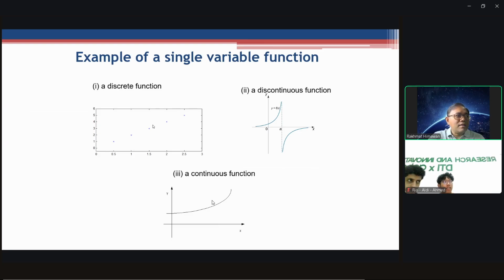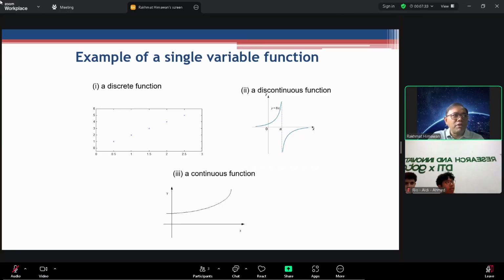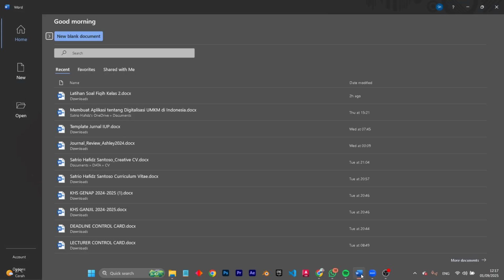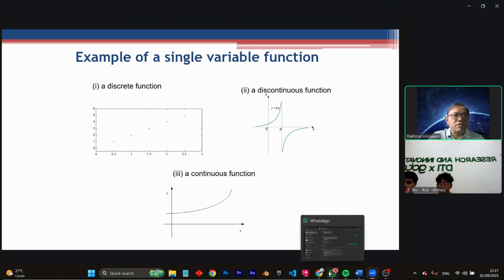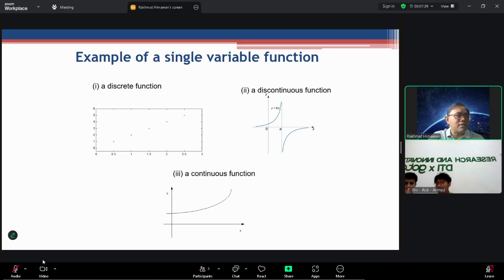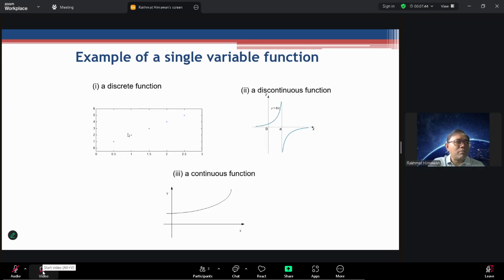Say for discrete, it's not continuous. That means, for example, the data are discrete, it could be integer programming, like the number of people or number of certain configurations, only 1, only 2, and so on.